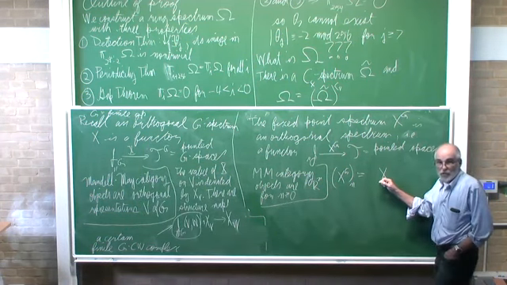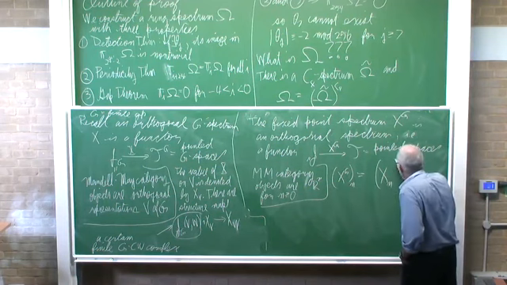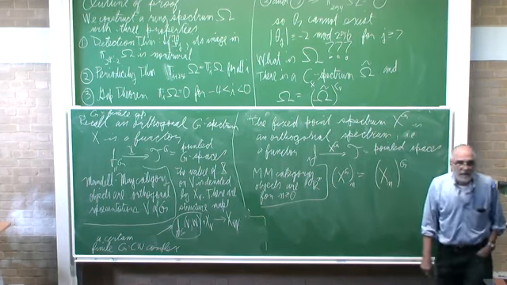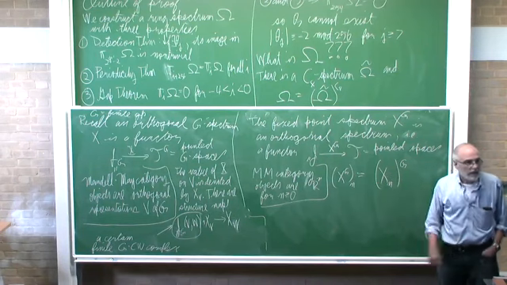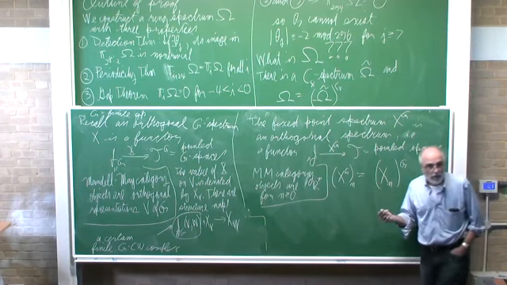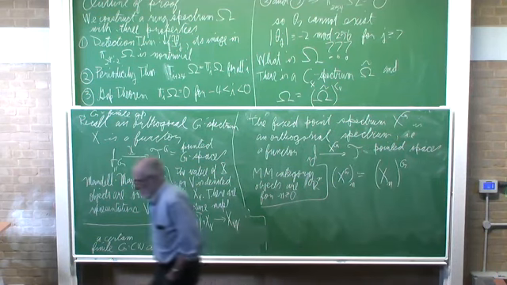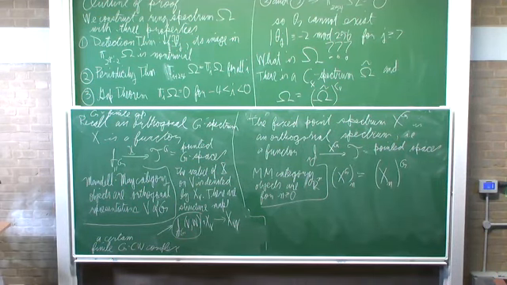So this guy is a pointed G space, and I can take its fixed point set. This thing in parentheses here, X_n, is a pointed G space, so it has a fixed point set. And that is the nth space in my fixed point spectrum.